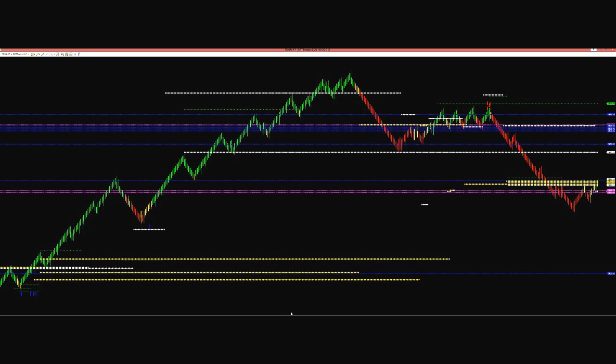So I cannot put the zone in this area because what you see is what you get, folks. And those are only the fibs and the projection, and there is no auto trade. But you can use any kind of your favorite Renko bar for reversal, or if you know how to trade with the trend on a Renko bar, be my guest. But for me, I use the Renko bar for reversal.